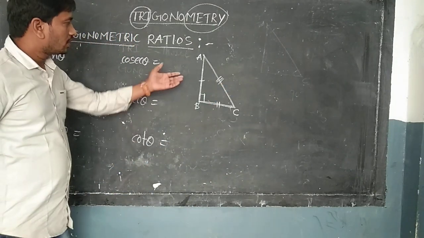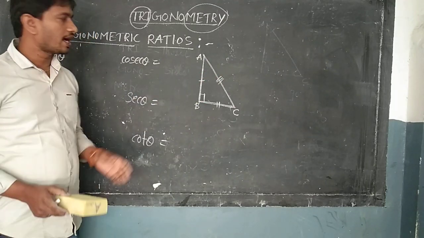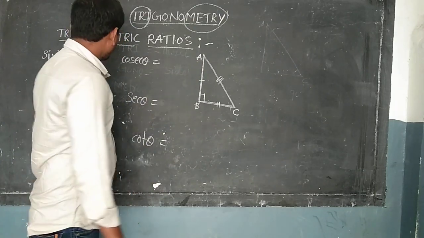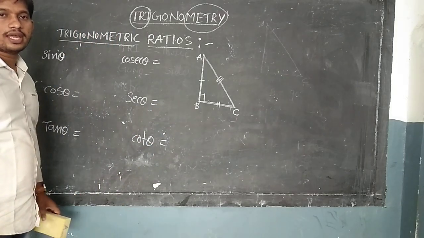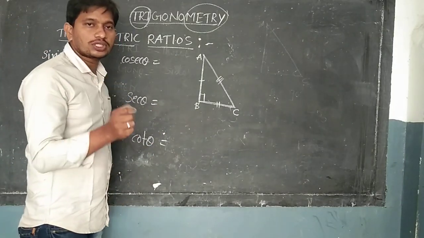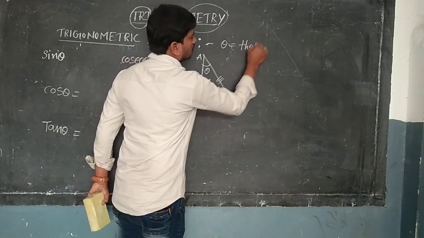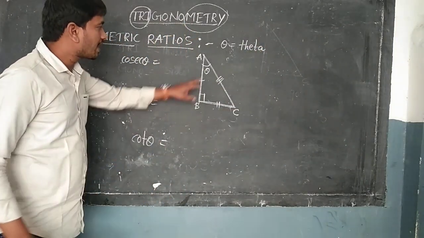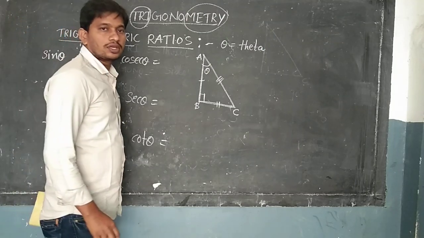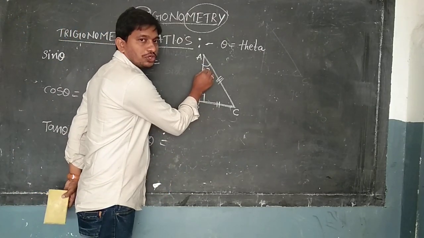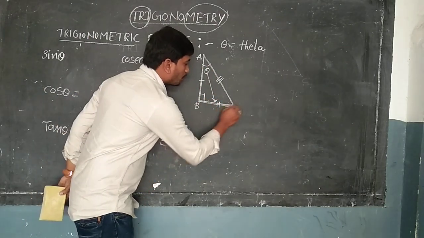Now, ratios of sides of a right angle triangle with respect to acute angles. We have two acute angles, one is A and the other is C. Suppose our angle is theta, which is a Greek letter, and our angle is at A. With respect to A, the side which is opposite to angle theta is called the opposite side.